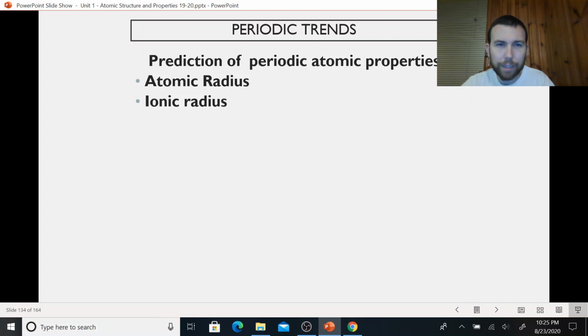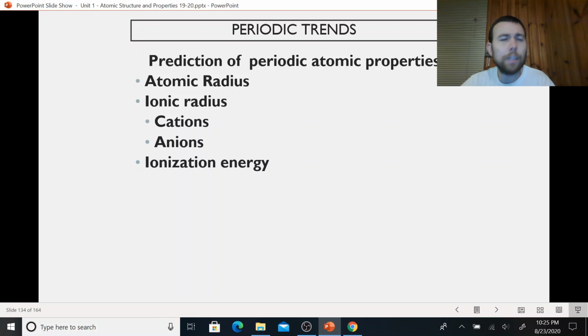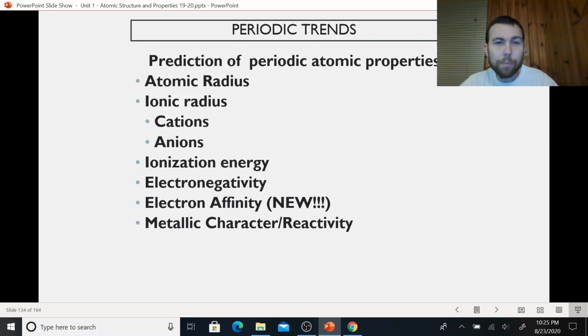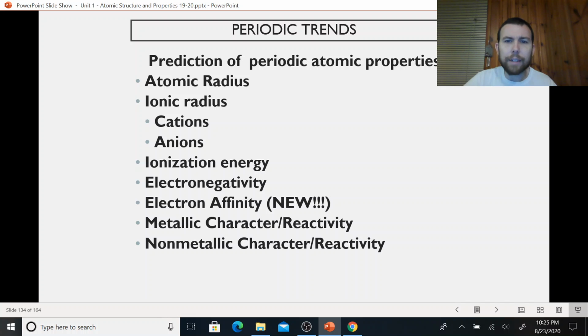We've got ionic radius, which leads us into cations and anions, which we'll define later. You've got ionization energy, electronegativity. All of those things, I hope, are not new to you. But then we've got electron affinity. That's new. Then we're going to look at metallic character and reactivity, non-metallic character and reactivity, and then oxidation states.